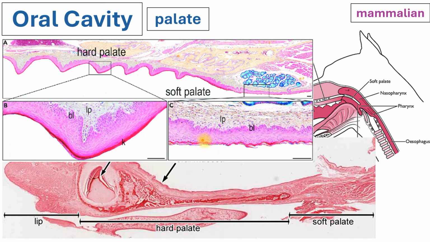Again, stratified squamous epithelium. It can be cornified, or it can have a keratin layer for animals that are usually eating high fiber food or high cellulose food, such as your herbivores, basically plant materials. Okay. Then in the deeper layers, you would have your lamina propria, which is composed of dense connective tissue.